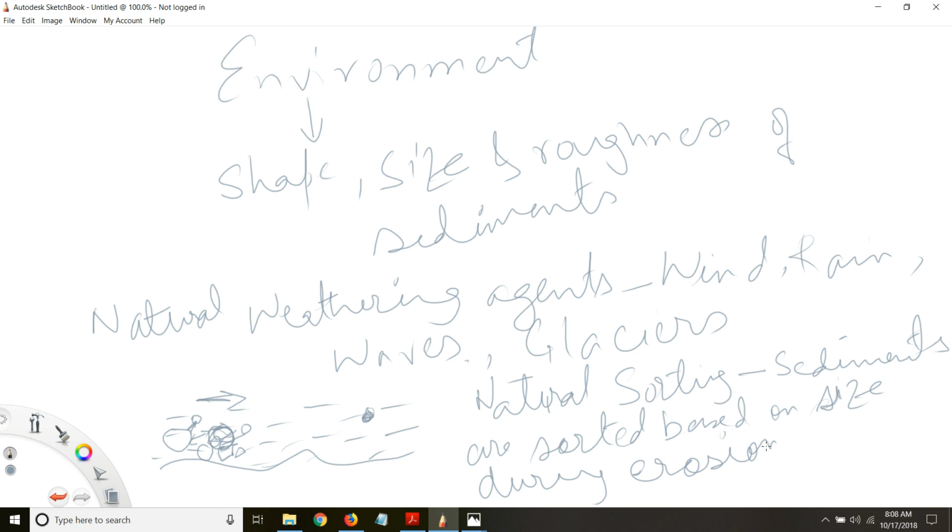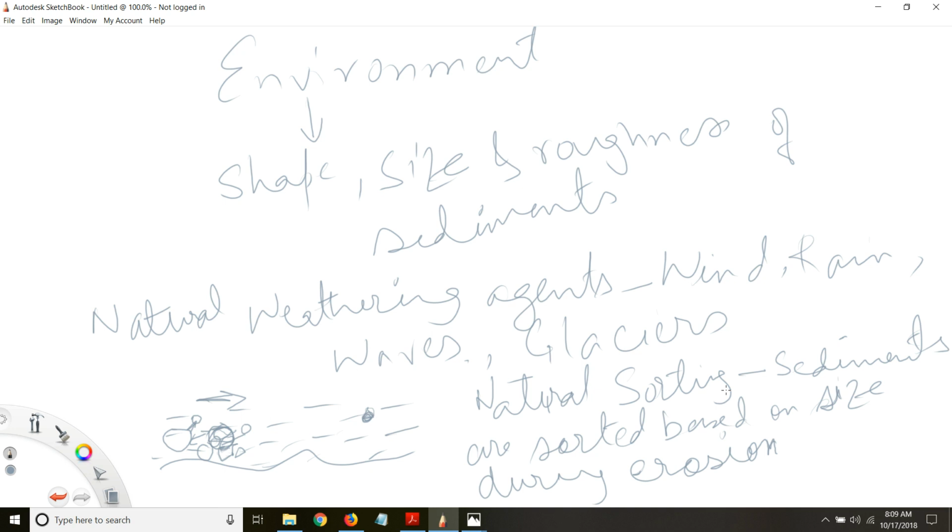The process of sediment erosion is a combined process: both transportation and weathering are happening. So erosion is a combined term used for weathering and transportation. Natural sorting is one event that happens during erosion, and another is the smoothing of the sediments.